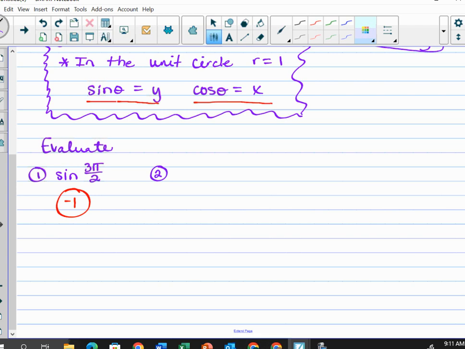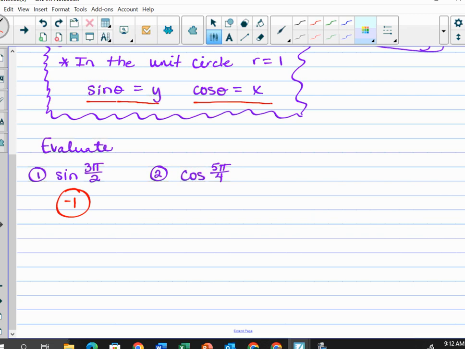We'll start easy here. All right, cosine of 5 pi over 4. What is r in the unit circle? Yeah, there you go. Where's 5 pi over 4?